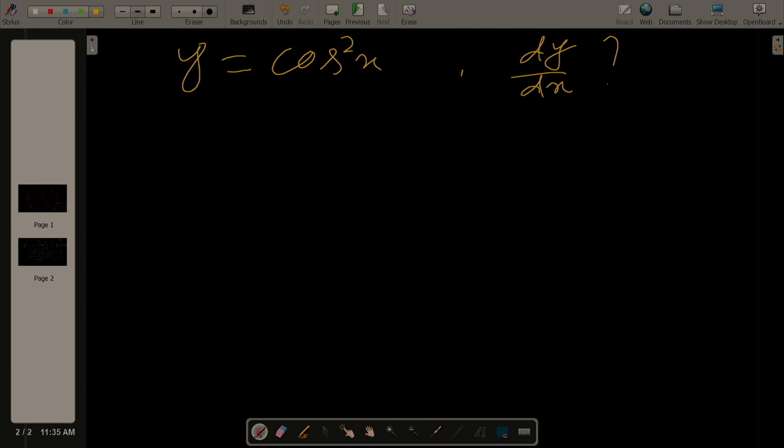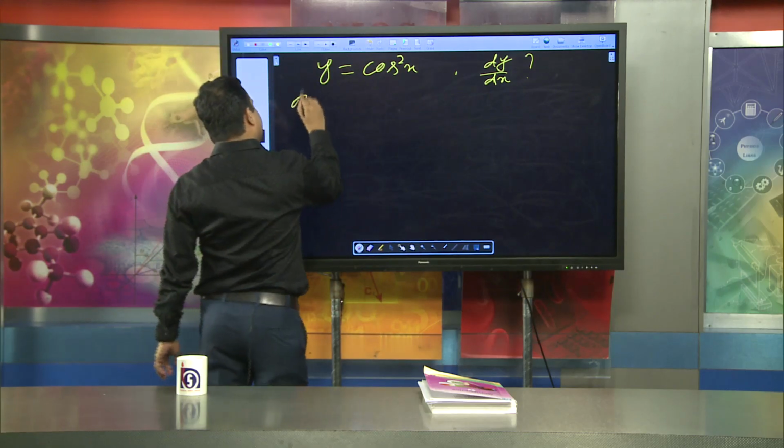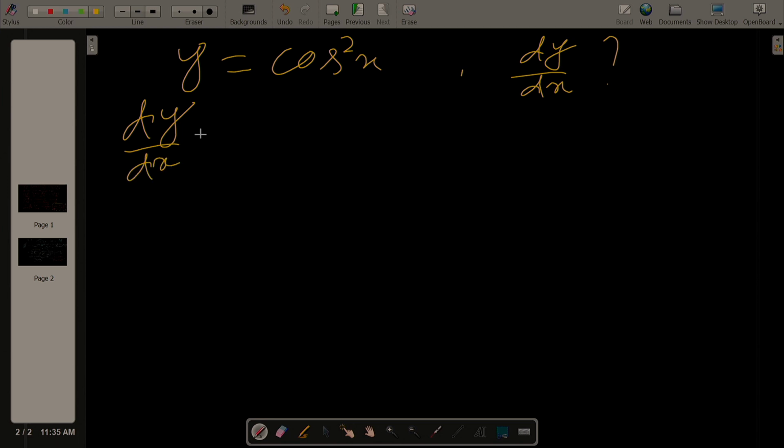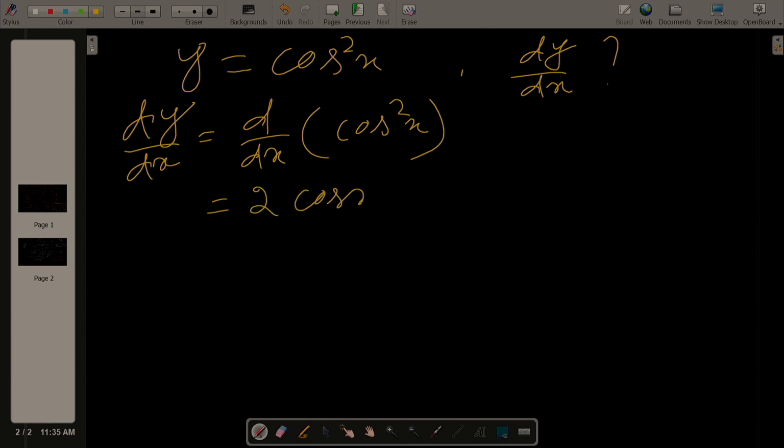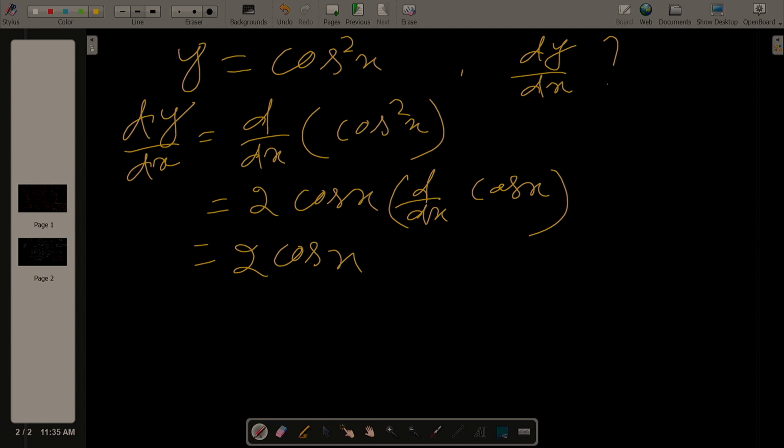And you know that when y equal to cos square x, I can write dy by dx which is equal to d by dx of cos square x, that is 2 cos x into the derivative of cos x. The derivative of cos x, we know, is minus sin x.